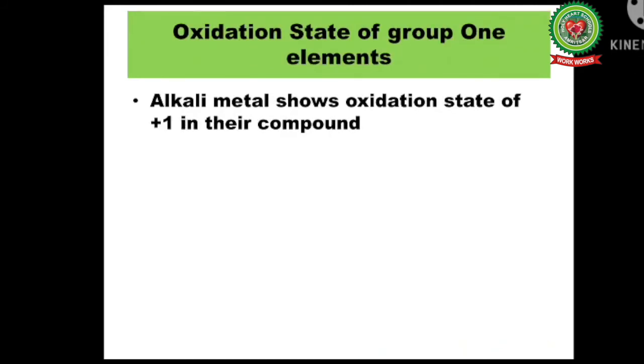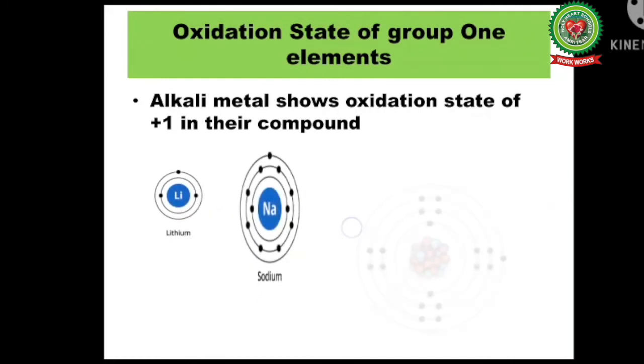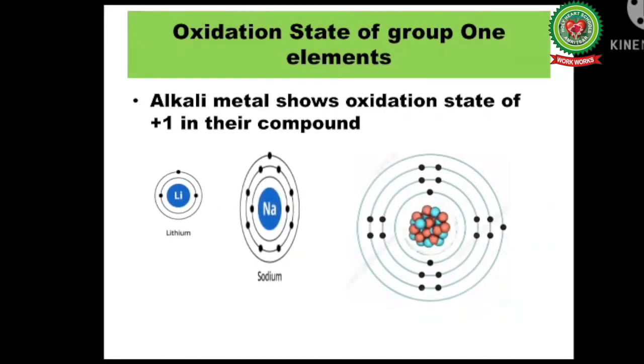Now the next is the oxidation state of group 1 elements. Alkali metals show an oxidation state of +1 in their compounds. Already I have discussed the electronic configuration of group 1 elements, and we know that they have the general electronic configuration ns1, meaning there is one electron in the outermost shell.